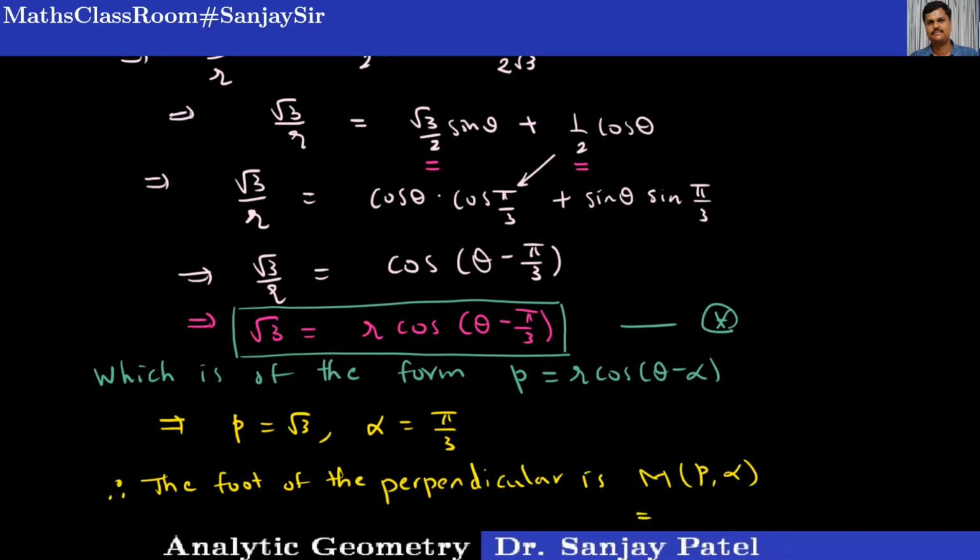So this p and alpha are the polar coordinates of the foot of the perpendicular. So here p is equal to root 3 and alpha is equal to pi by 3. So we have solved this problem. Okay.